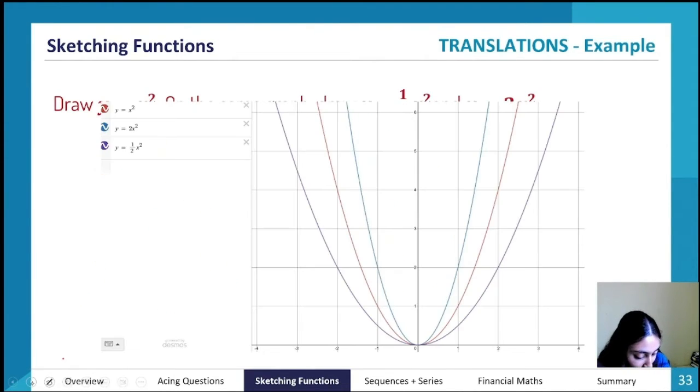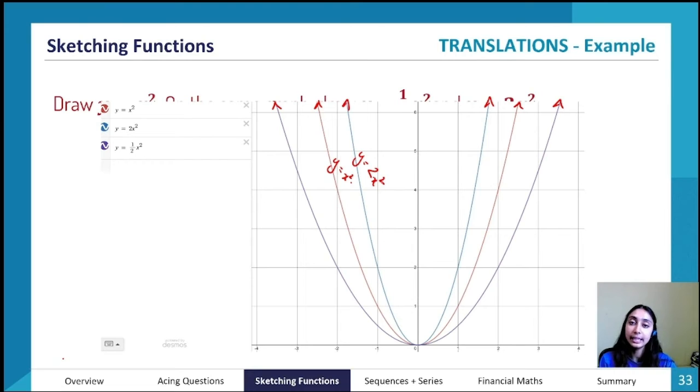And then drawing it with a graph because it looks a bit nicer. If our original function is in red, so y is equal to x squared, the one that is looking taller will be our y is equal to 2x squared because our k factor is larger.